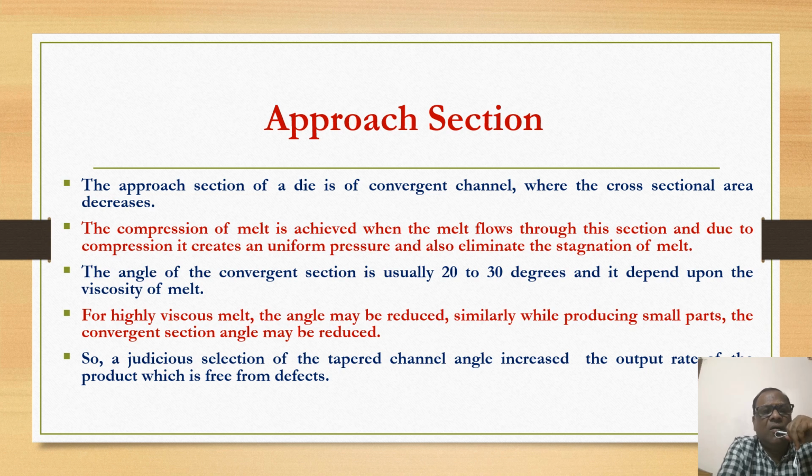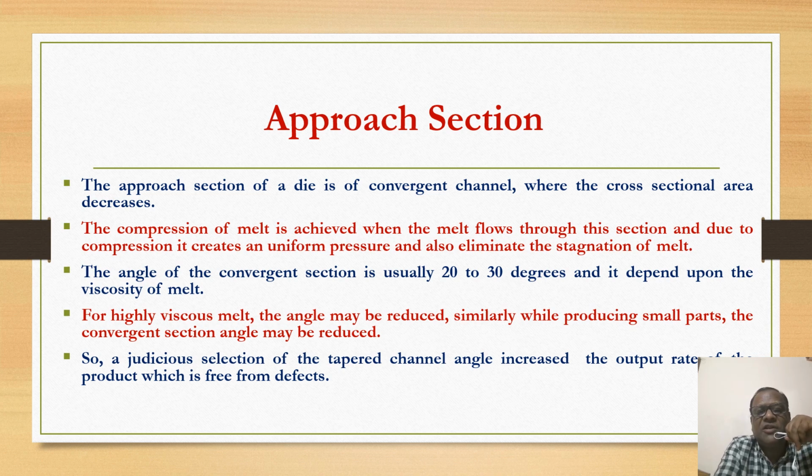That's why while designing the parts, judiciously you have to select the taper channel angle. Because your decision of this angle will have an impact on the output rate as well as the product shape, as well as the defects, because sometimes the defects will be there.